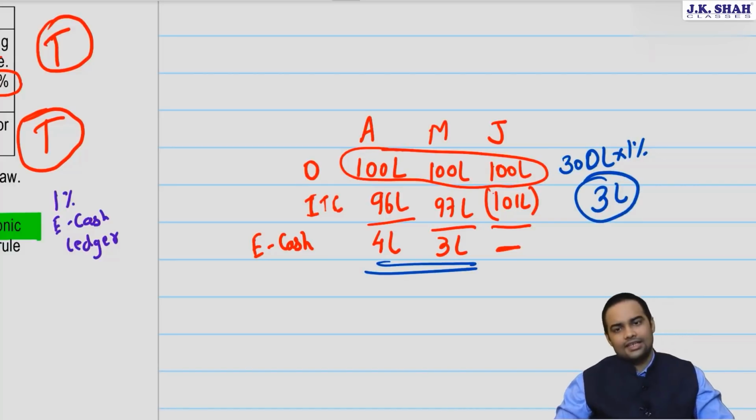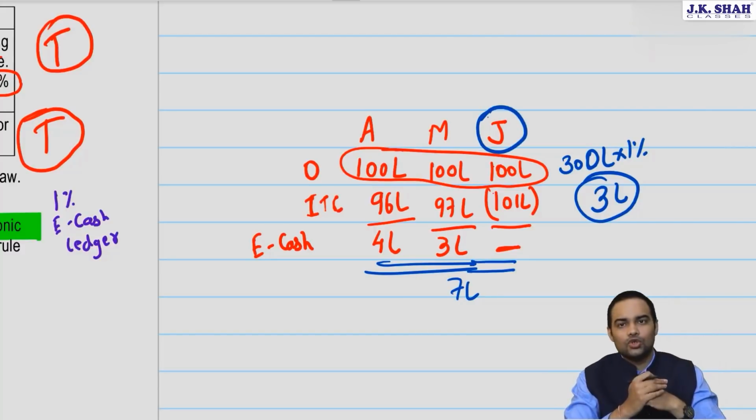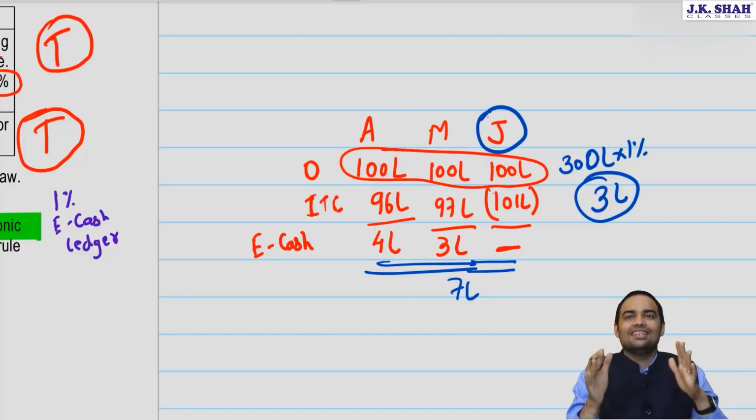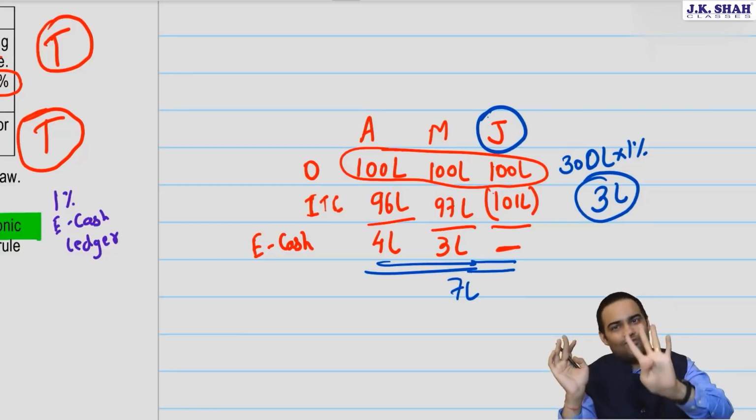The answer is yes. In fact, till the month of June, I have totally paid 7 lakh rupees, which is much more than 3 lakh. So the restriction will not be applicable for the month of June, because up to the said period in the financial year, I have discharged more than 1% through e-cash ledger.